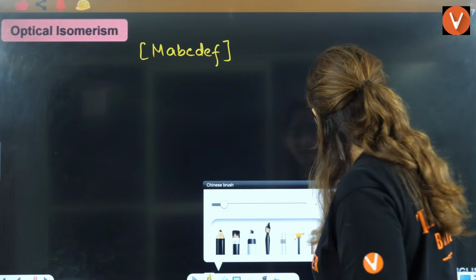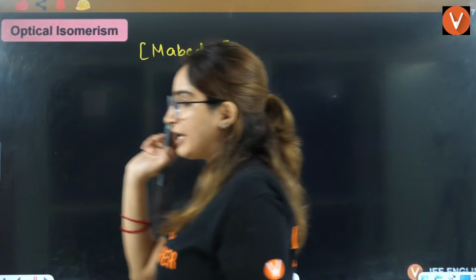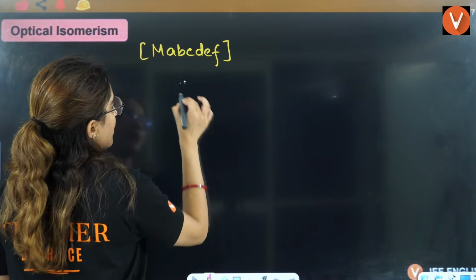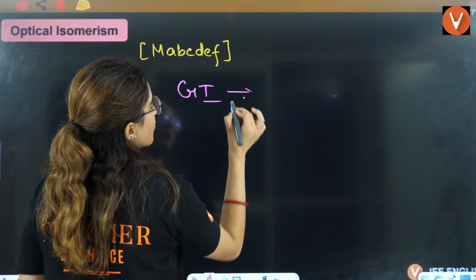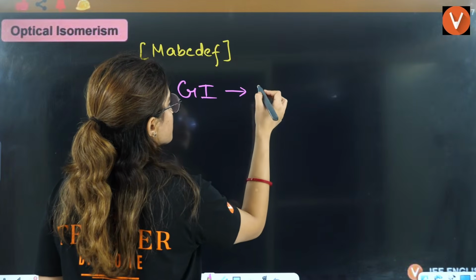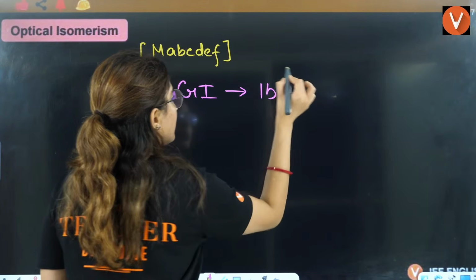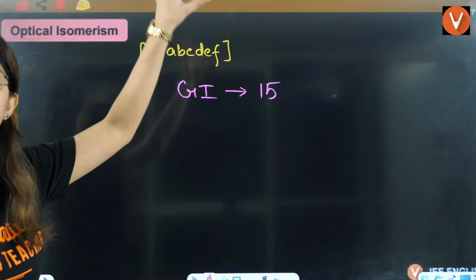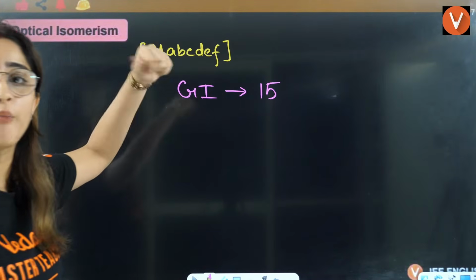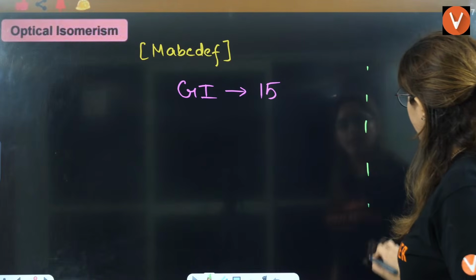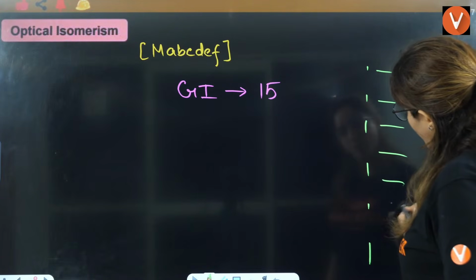It had 15 geometrical isomers. You have to just cram this, because otherwise the permutation combinations are very weird and you will get confused. This is 15. And every single geometrical isomer is forming an optical isomer. So each of the 15 is forming an optical isomer.